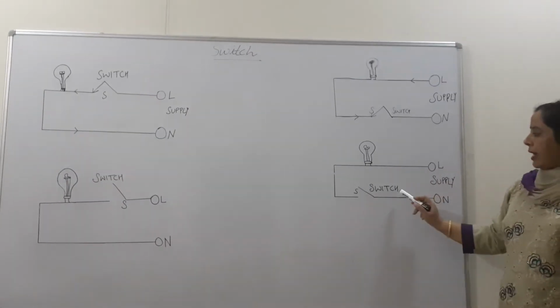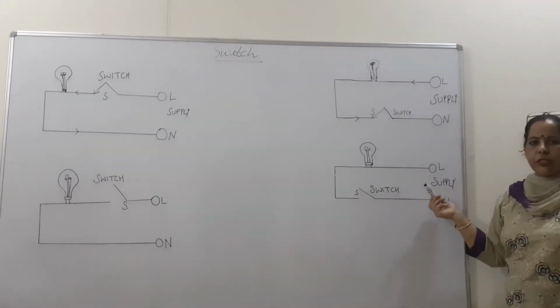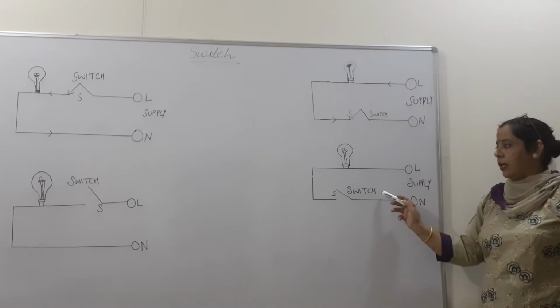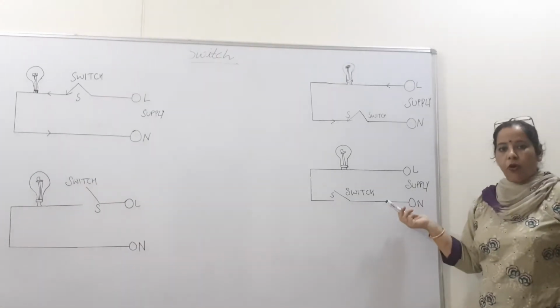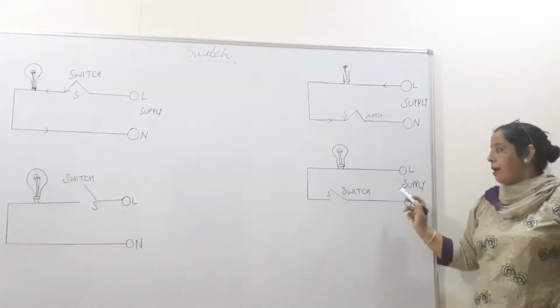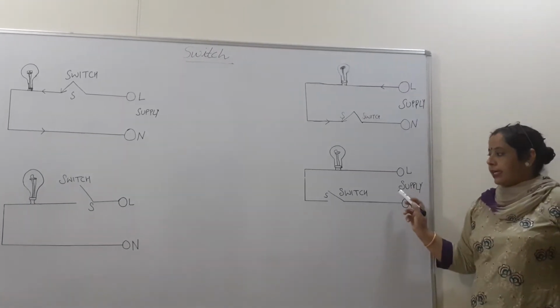But when the switch is off, suppose some repair work is going on, or we want to change this one, we will think no problem, the switch is off, we can touch that appliance and do the work safely. But it will not be safe, beta. What is its reason?